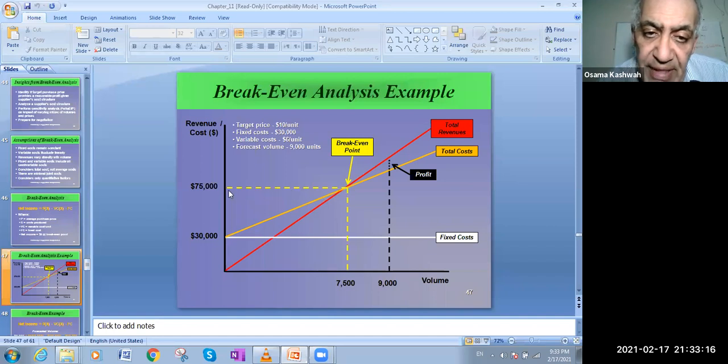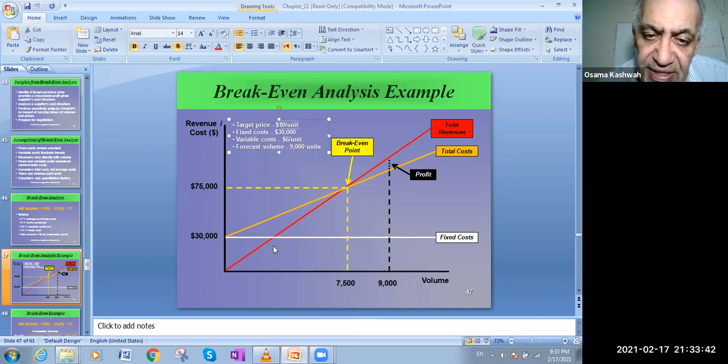For the price, the revenue of the 7,500 units will be 75,000, as long as one unit is sold for $10. 7,500 units multiplied by $10, because this is the unit price, gives me 75,000.